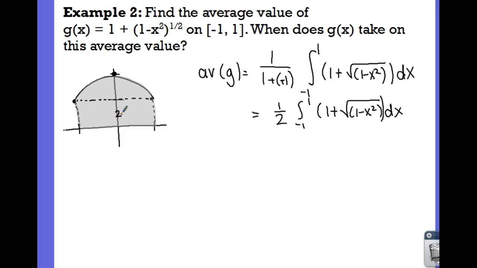The top is a semicircle, so the area of a half circle. What's our radius? So the area of the top of the circle is 1/2 pi. So the total area of this whole region is 2 plus 1/2 pi.